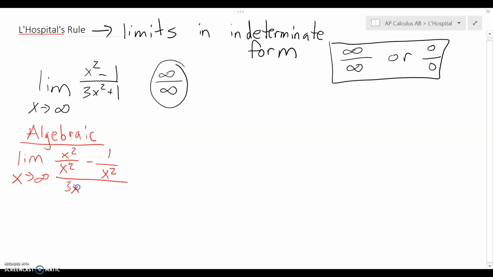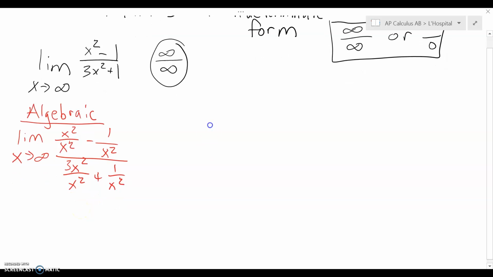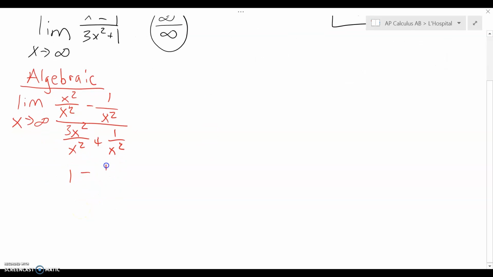In this case, that's going to be x squared. It's a little cumbersome, but when we do it, we have 1 minus 1 over x squared on top, and the first term on the bottom is also going to simplify nicely.